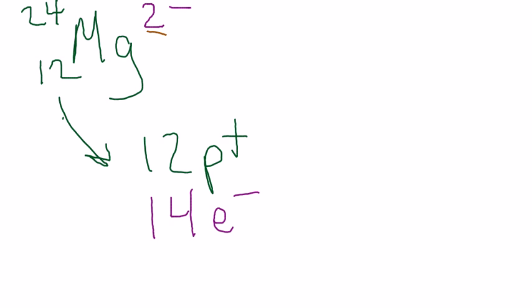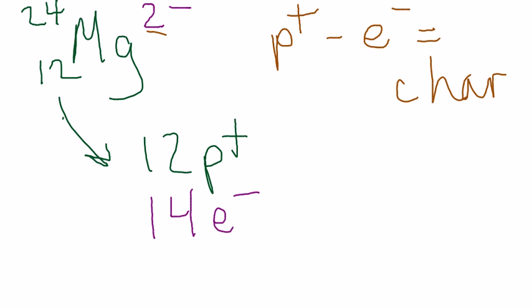We can make a little formula for this. Protons minus electrons equals charge. Try it out. We have the 12 protons minus the 14 electrons, and that equals minus 2.